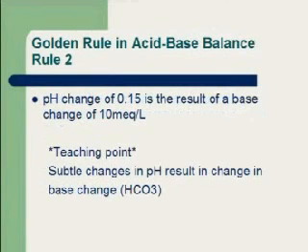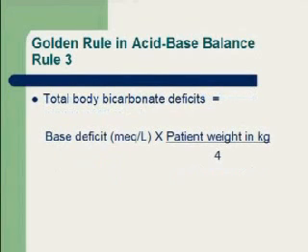Also, a pH change of 0.15 is a result of a base change of 10 milliequivalents per liter. Teaching point: subtle changes in the pH result in change in the base change or bicarbonate level. The total bicarbonate deficit is equal to the base deficit, in milliequivalents per liter, times the patient's weight divided by 4.